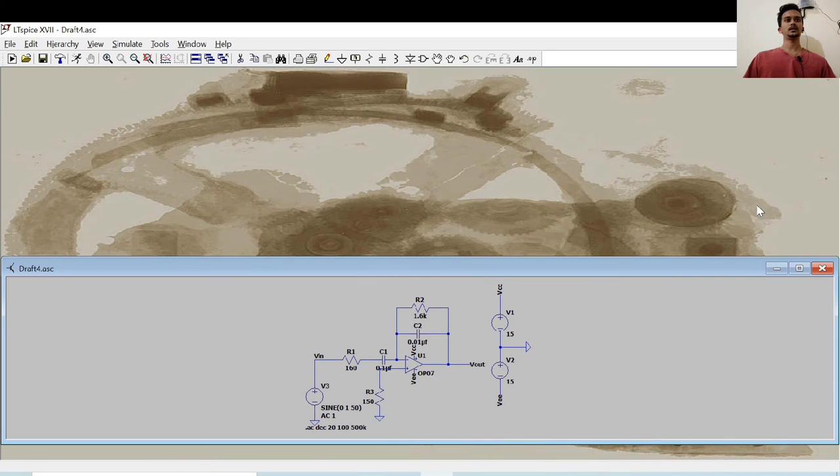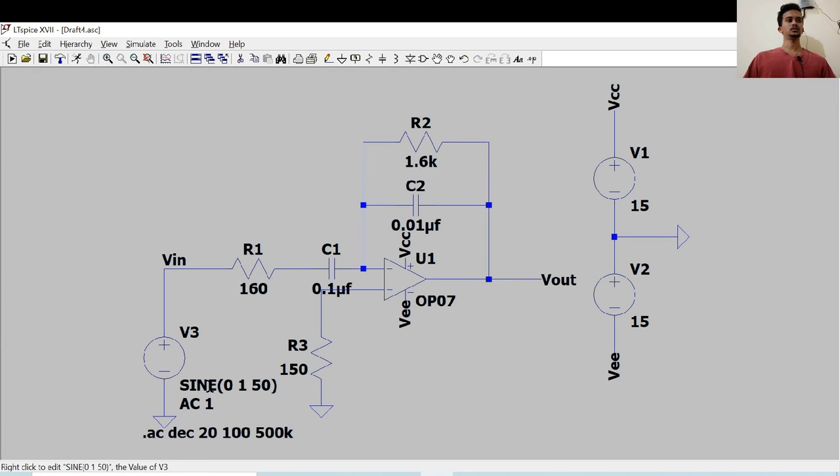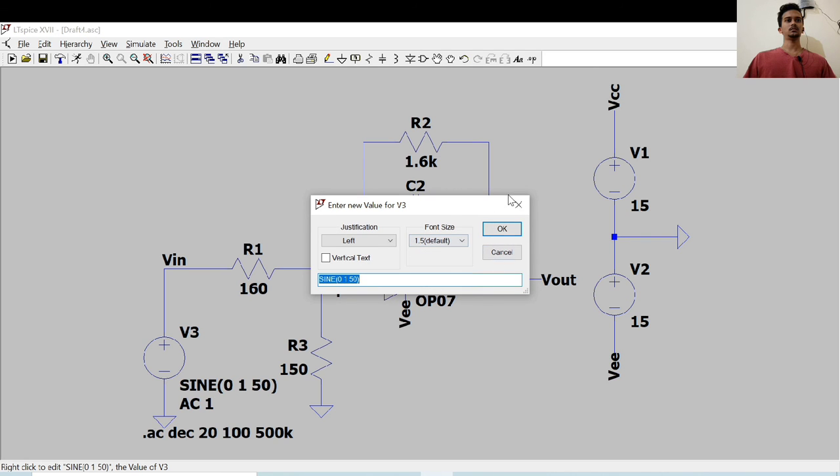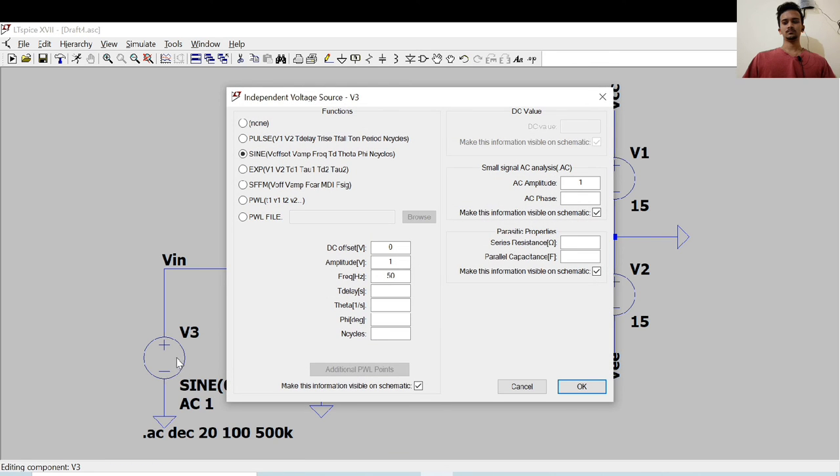So let's see this. So sine wave. Okay, we'll take here 0. Okay, and then amplitude 1 volt peak to peak, and here we will go for 200 hertz.